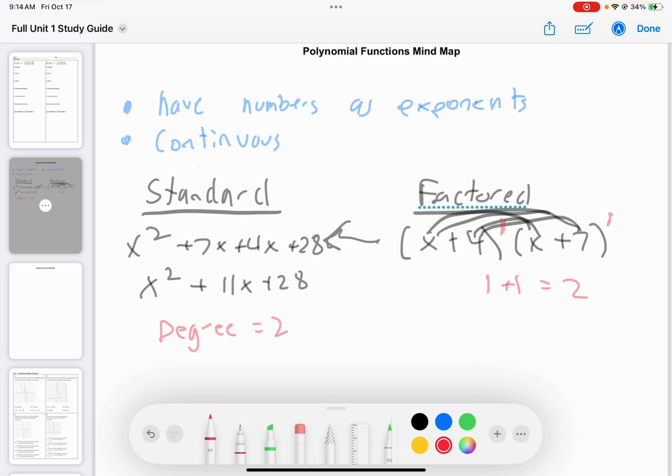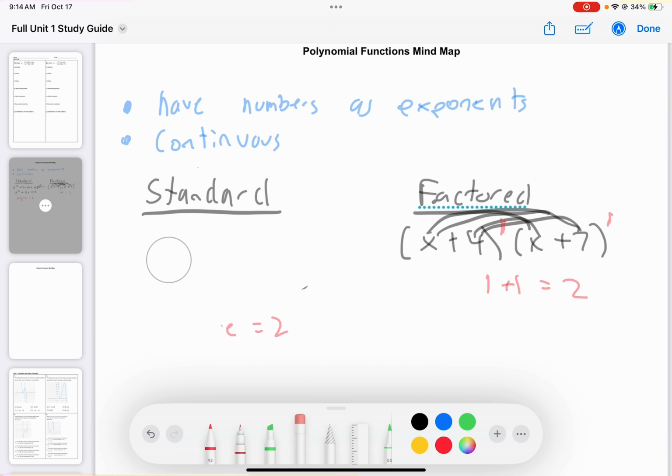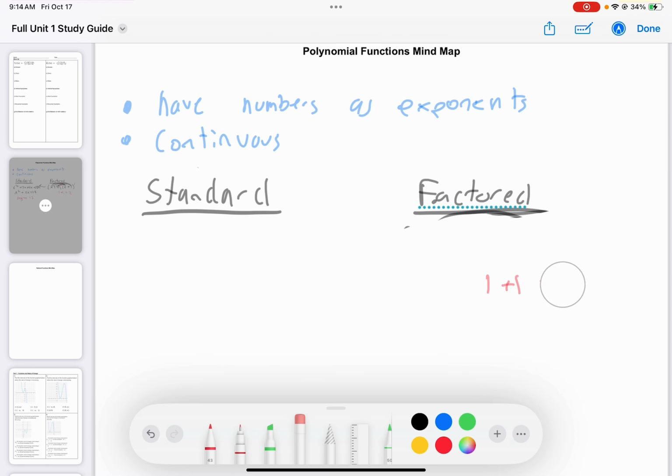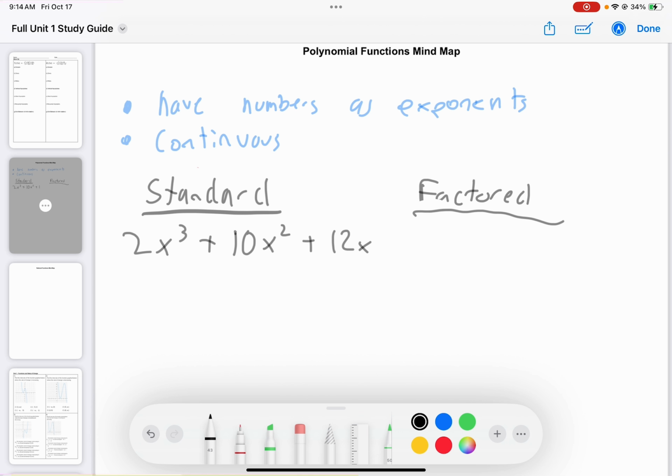Now imagine I wanted to go from standard form to factored form. And I won't give an easy one. I'll start with a more difficult one. Let's say it has something like 2x cubed plus 10x squared plus 12x. Well, I'm going to start by factoring out my least common multiples.